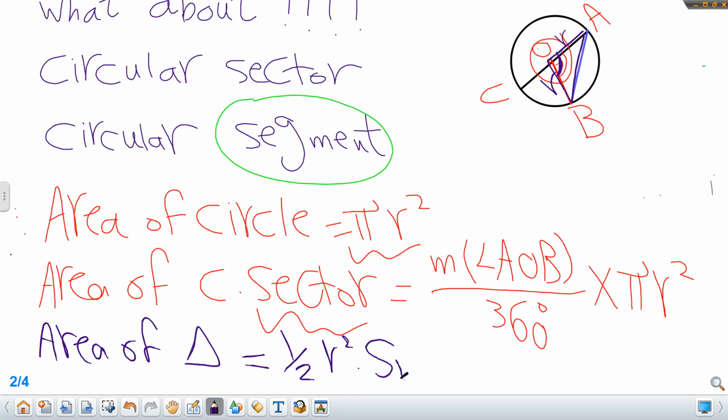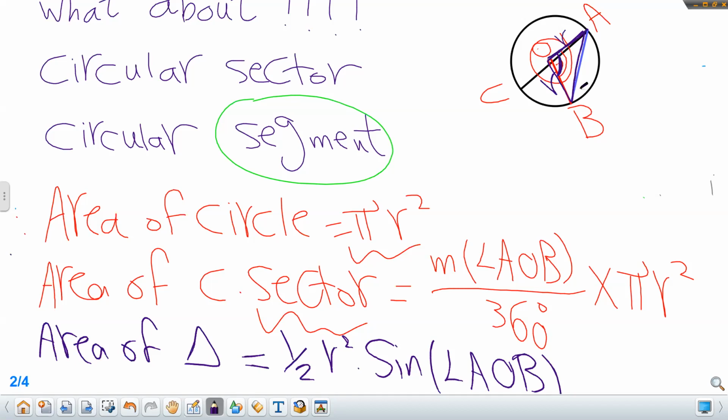Times sine of angle AOB, the central angle. So half the product of two radii times the sine of the included angle. What is this? This is the area of the triangle.